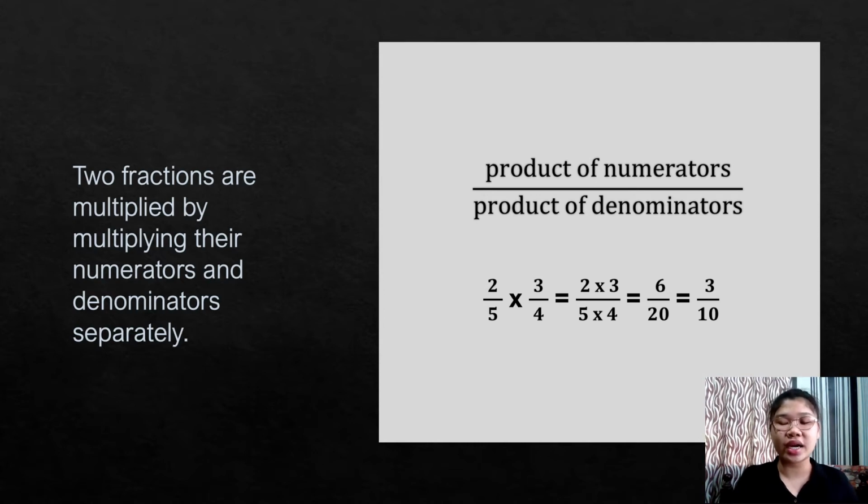So technically our answer is 6 over 20. Further simplifying this, we arrive at 3 over 10, which is the most simplified answer. So our final answer is 3 over 10.